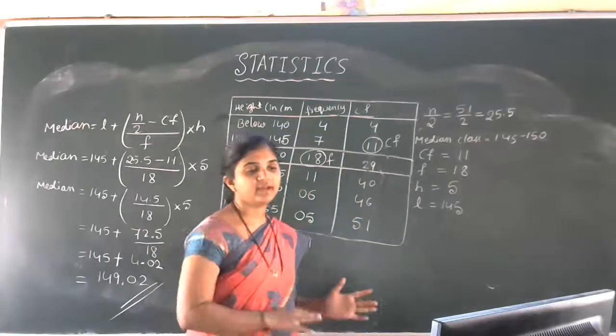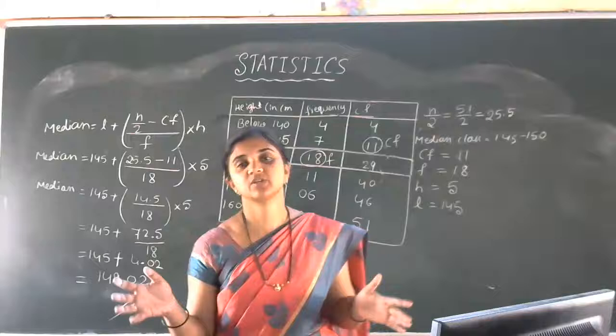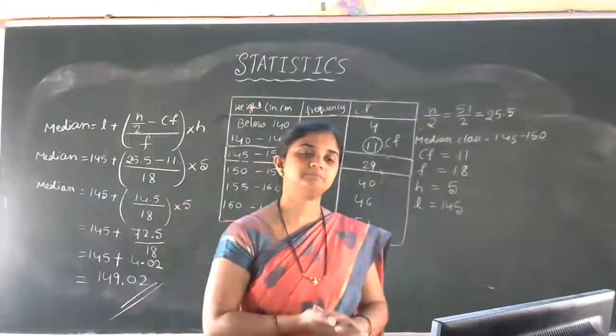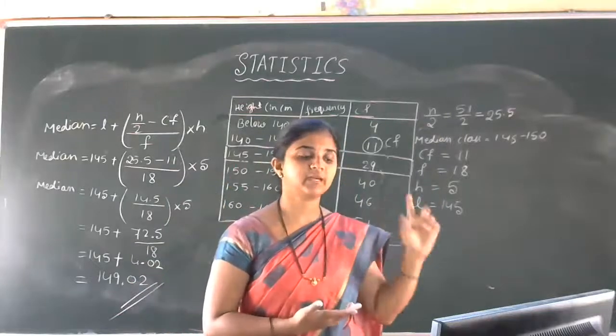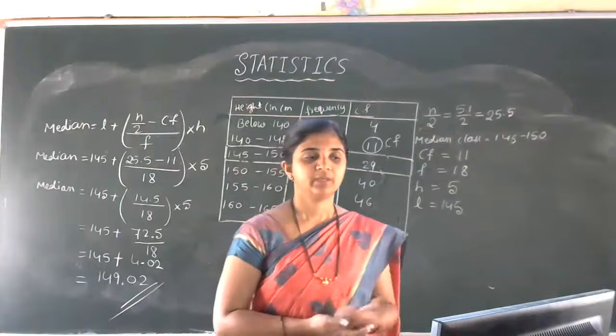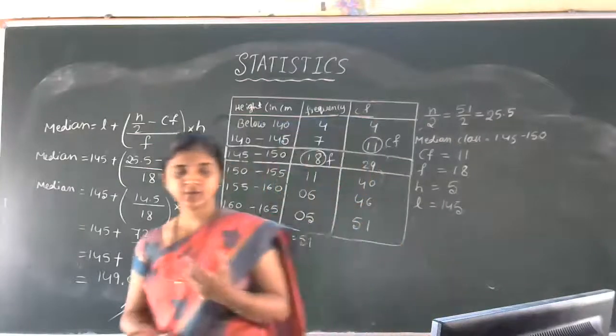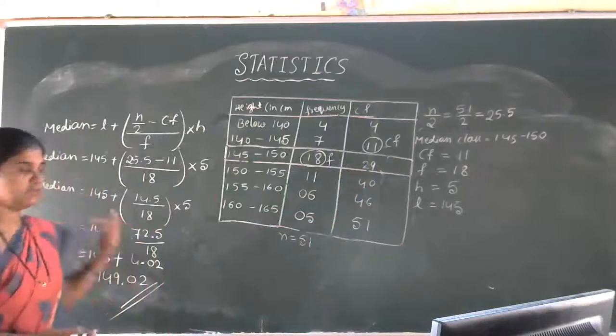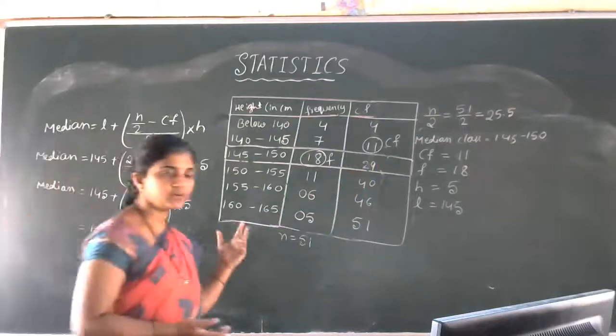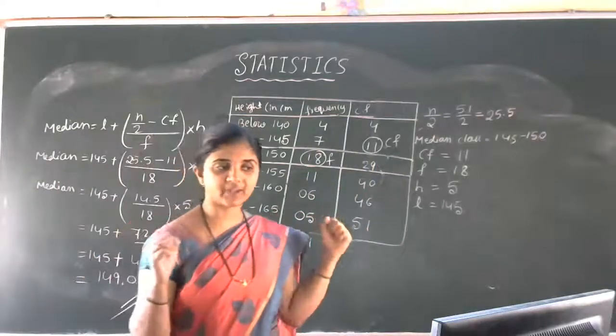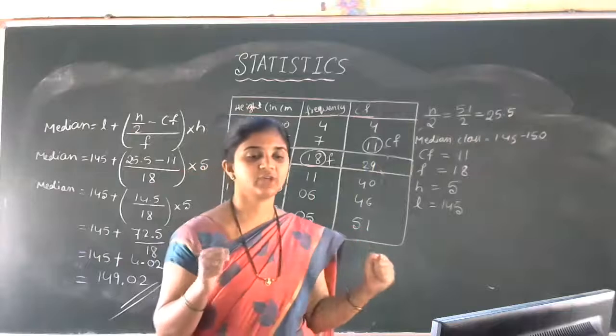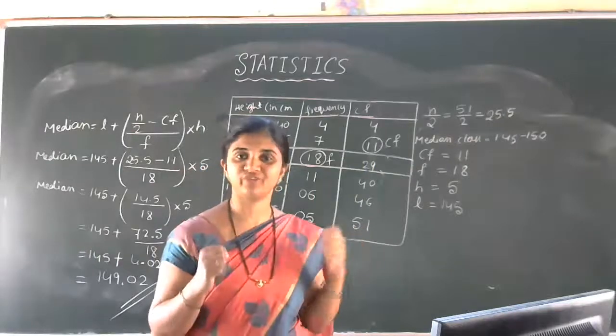If not, we'll discuss one more problem, also a different type of problem. I think you have got a clear picture of the median, and you are able to solve the median of grouped data.